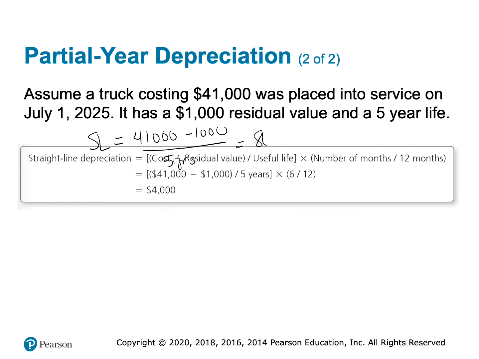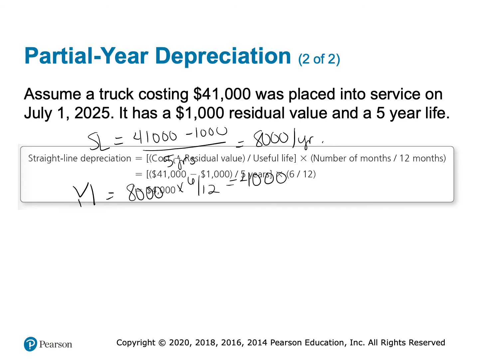That gives me $8,000 per year. For year 1, though, I'm only using it 6 out of 12 months, so I would say 8,000 times 6/12, meaning year 1, I would debit depreciation expense, credit accumulated depreciation for 4,000 instead of 8,000.